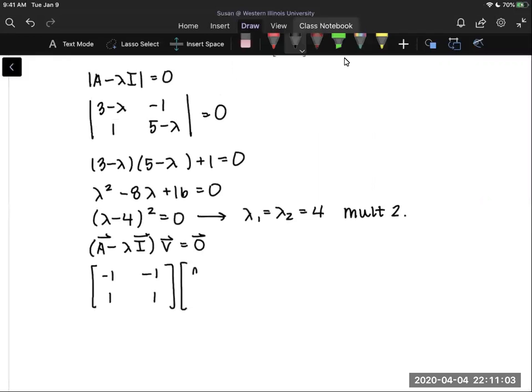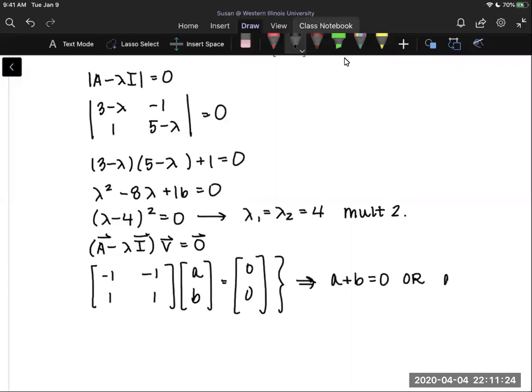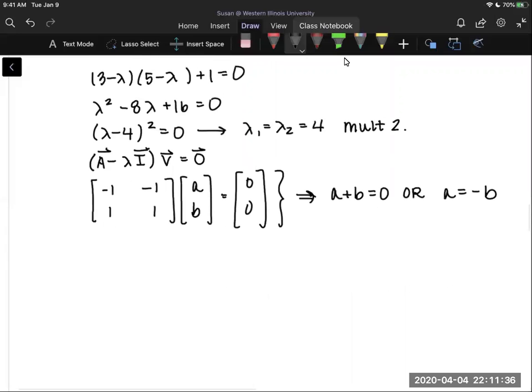Multiply by an arbitrary eigenvector, A B, and set this equal to 0. Once again, we see that these are equivalent. Both of these equations are giving me A plus B equals 0, or in other words, A equals negative B. So any eigenvector that I am going to find here is going to be of this form.